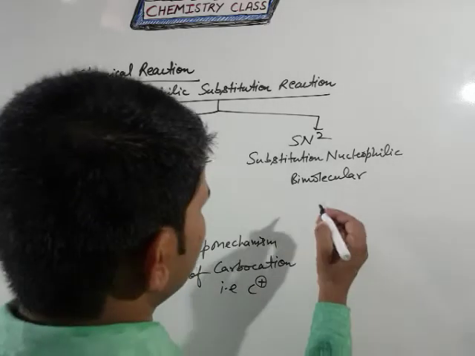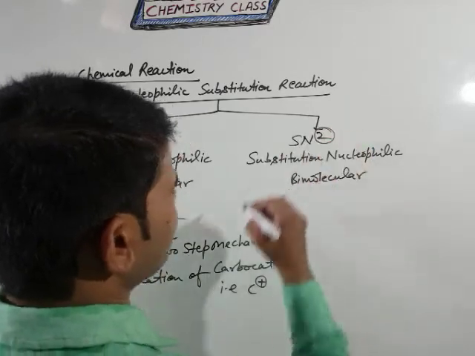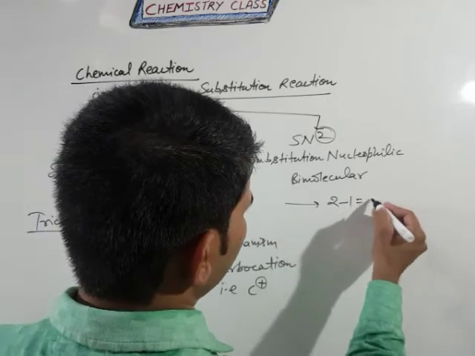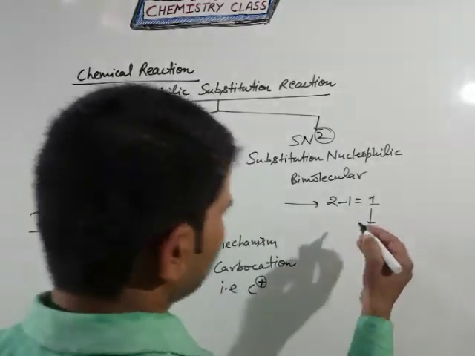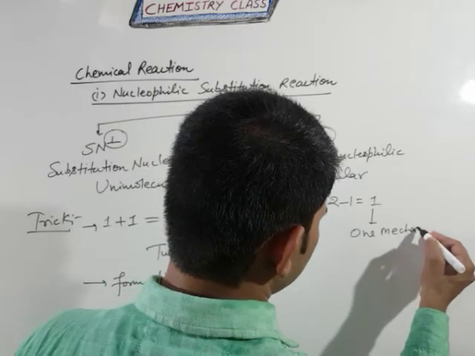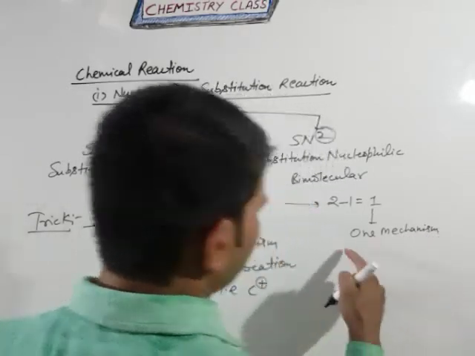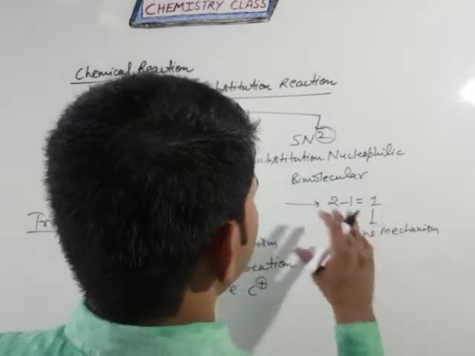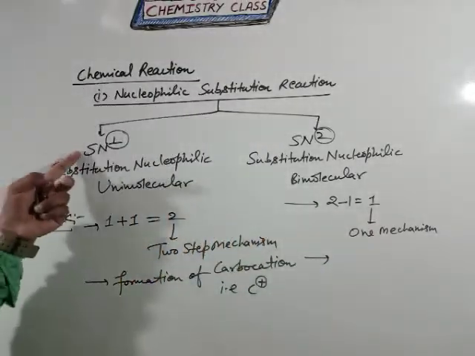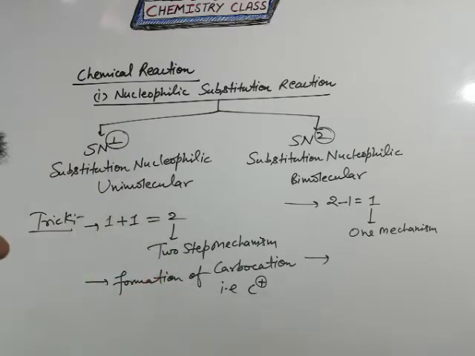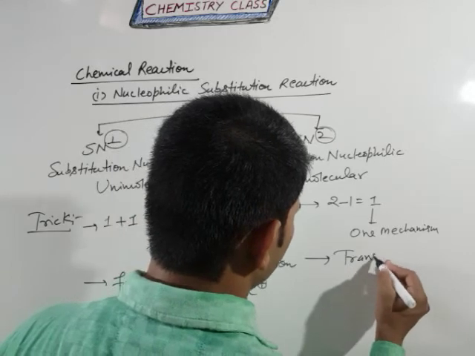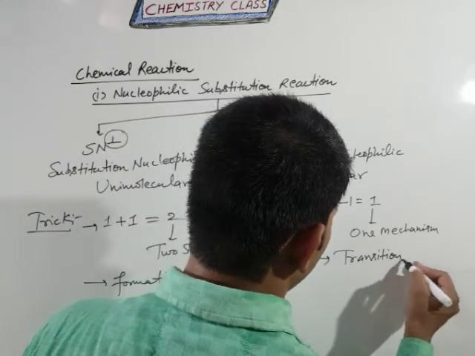But in the case of SN2, what number is there? It is 2. So that means 2 minus 1 equals 1. That means it follows a single step in the mechanism. So it is a one-step mechanism in the SN2 reaction. In the SN1 reaction there is formation of a carbocation, but the SN2 reaction follows a transition state.